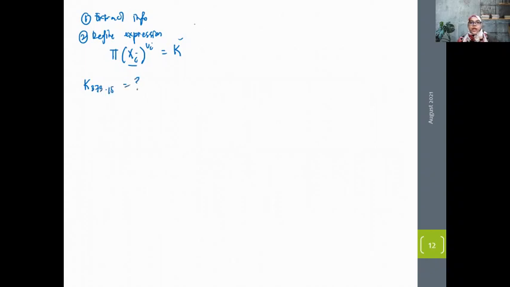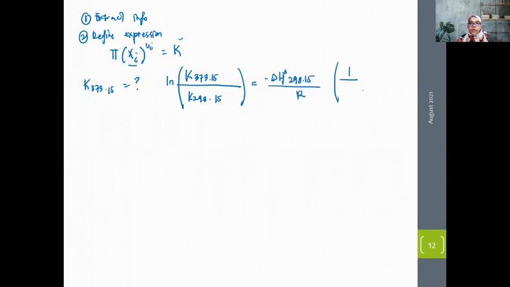We can correlate this equilibrium constant using this expression: K at 373.15 over K at the reference temperature of 298.15 equals minus delta H at 298.15 over R, times 1 over 373.15 minus 1 over 298.15.